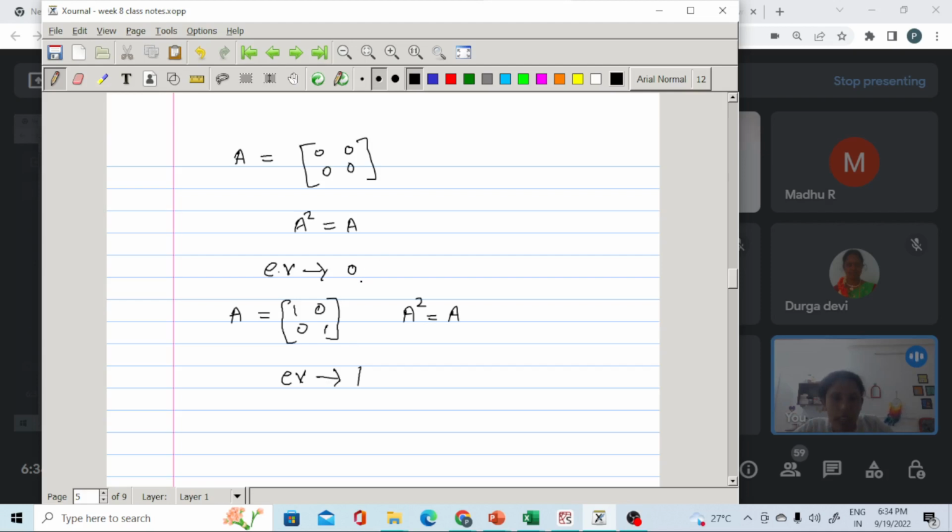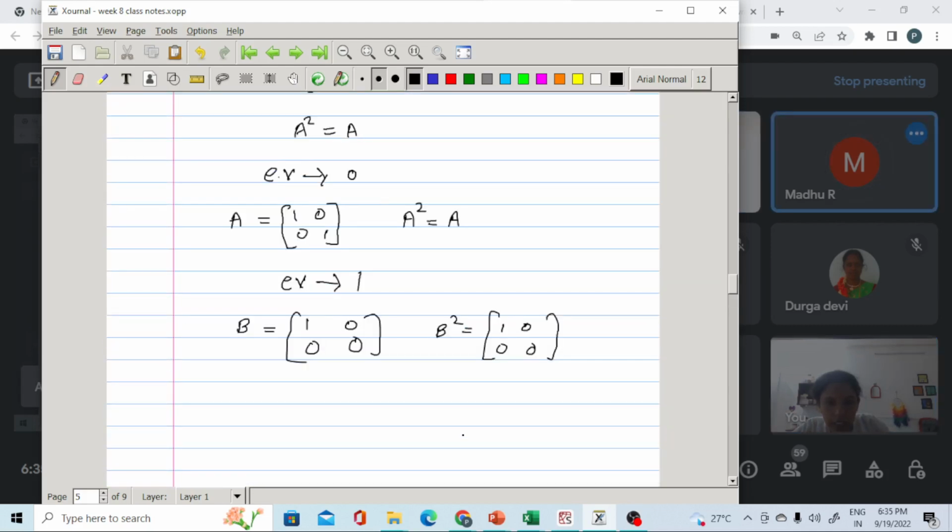So in the above problem, the possibilities are 0 and 1. Only 0 is possible, only 1 is possible, and both 0 and 1 are also possible. Let us see B equals 1 0 0 0. What is B square? It is 1 0 0 0. What are the eigenvalues here? 1 and 0.